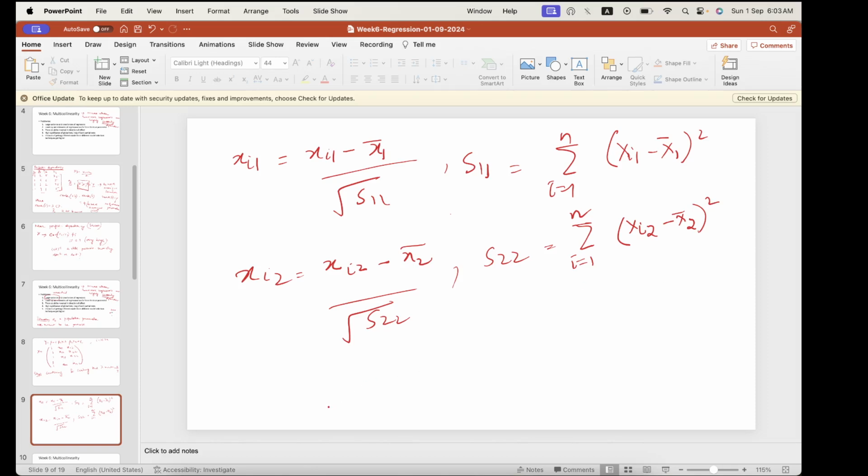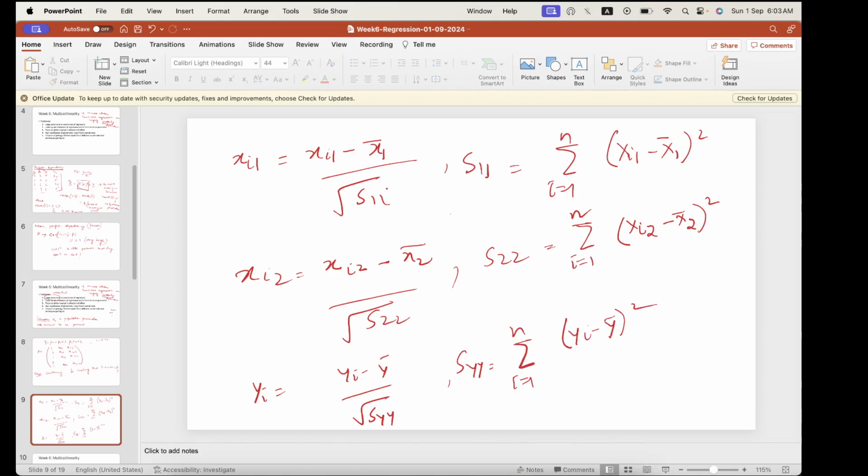And yi is yi minus y bar by root over syy, whereas syy is summation i equal to 1 to n of yi minus y bar whole square.